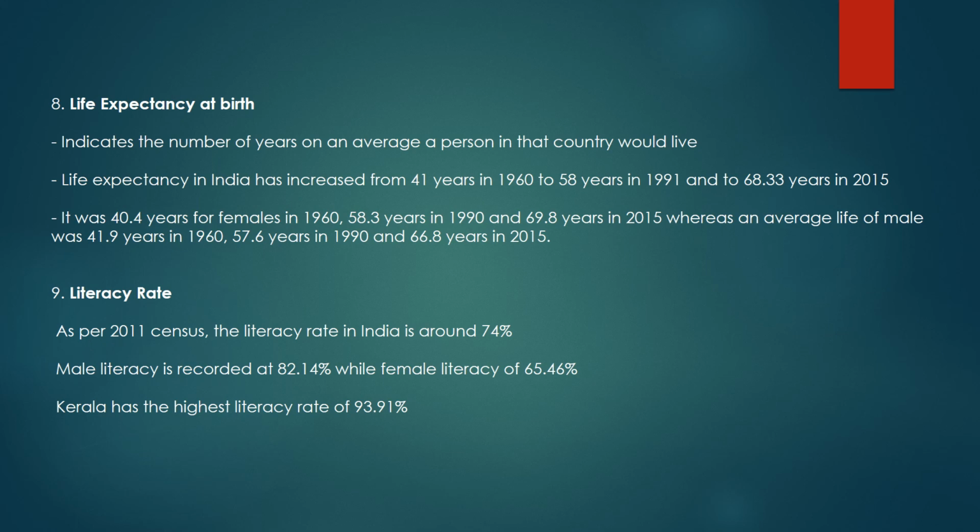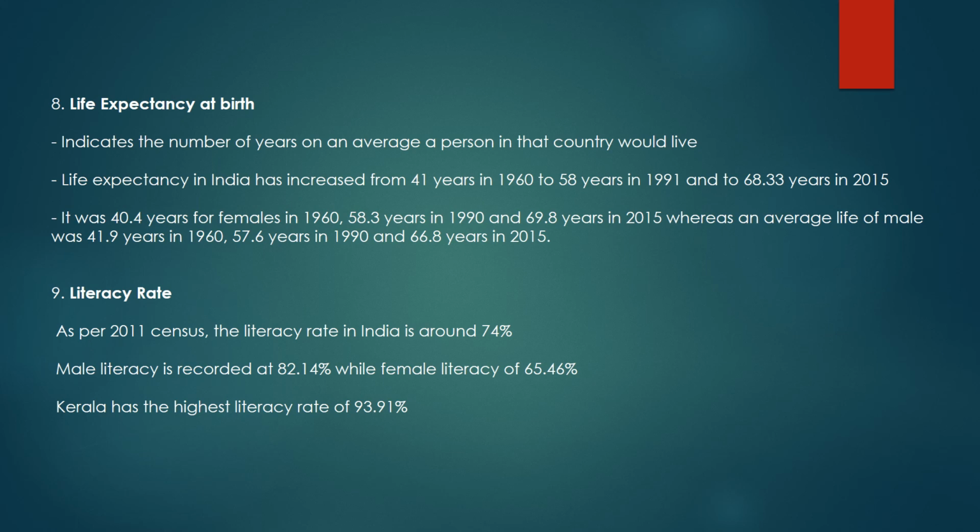Point 9 is literacy rate. It refers to the percentage of the population age 7 and above who can, with understanding, read and write a short and simple statement on their everyday life. As per the 2011 census, the literacy rate in India was 74%, which means still 26% of India's population is illiterate.